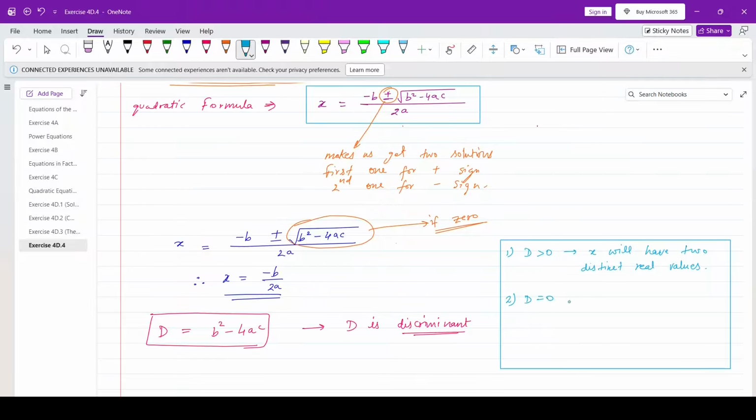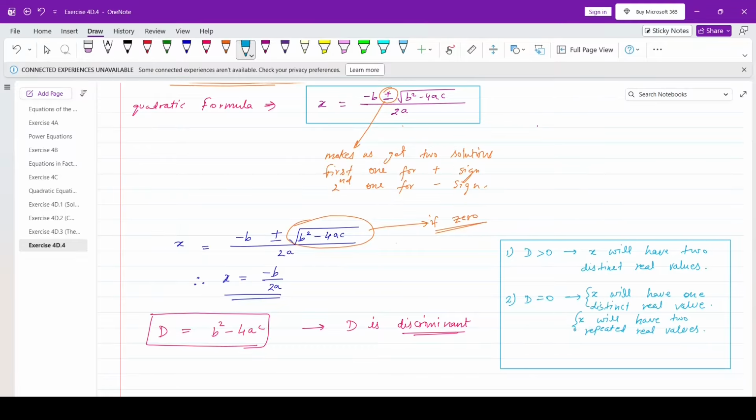If d is equal to 0, then x will have either one value, one distinct value, or we can say x will have two repeated real values.